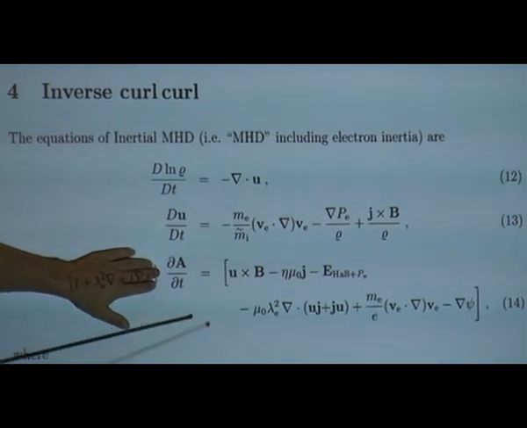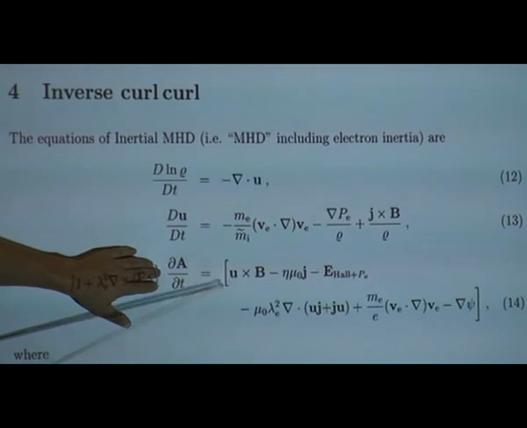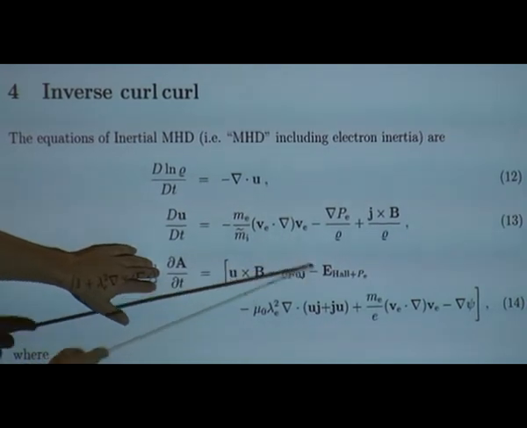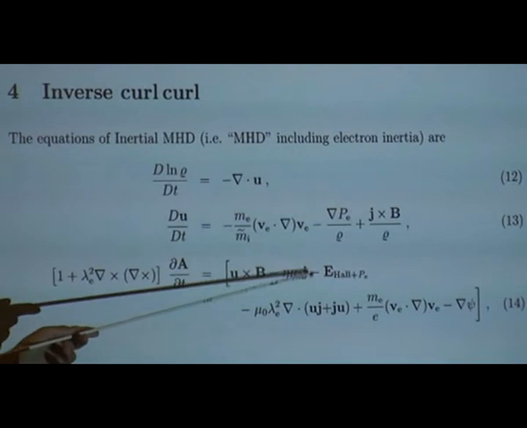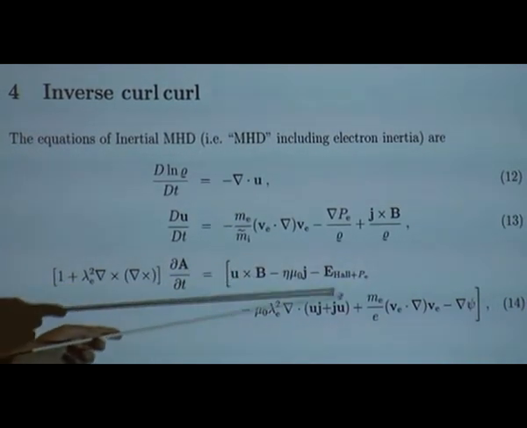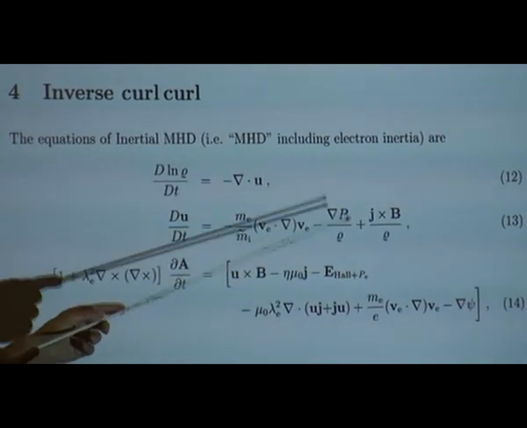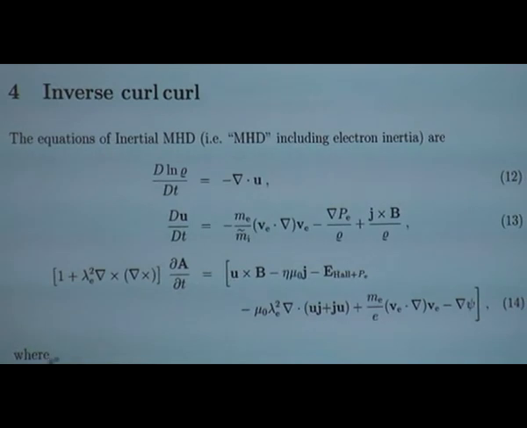So we have the dA/dt, we have the induction term, we have the ohmic diffusion term, then we have possibly some additional electric field components like the Hall electric field and the electron pressure electric field, depending on the parameters, they might be important or not.